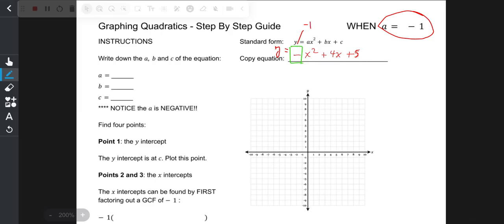And this process is very similar, just there's one difference in the way that we're going to find our 5 points on this parabola.